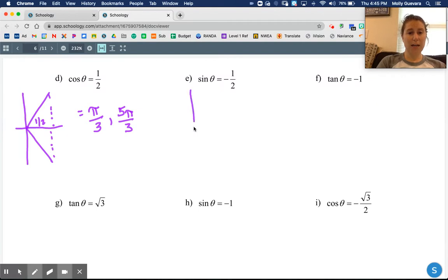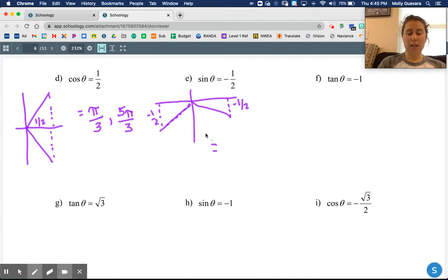E: sine is negative, so that's going to be in quadrants 3 and 4, and sine is negative 1/2. So it's here, and this is negative 1/2, and then it's here, and this is also negative 1/2.